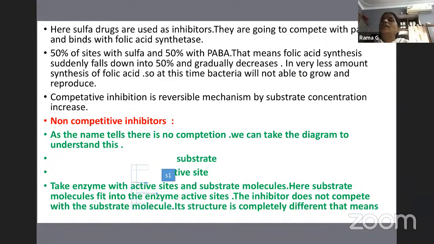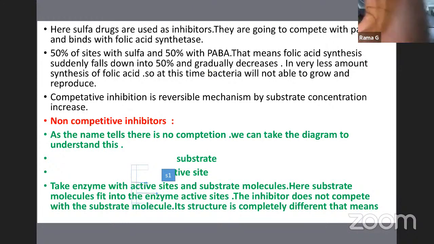And only a very small amount of folic acid is synthesized. So at this time, bacteria will not be able to grow and reproduce. Here, 50% of the sites are occupied by sulfur and 50% by PABA. These two molecules occupy the active sites of the folic acid synthetase enzyme, and folic acid synthesis gradually falls to 50%, as we discussed in the first slide.